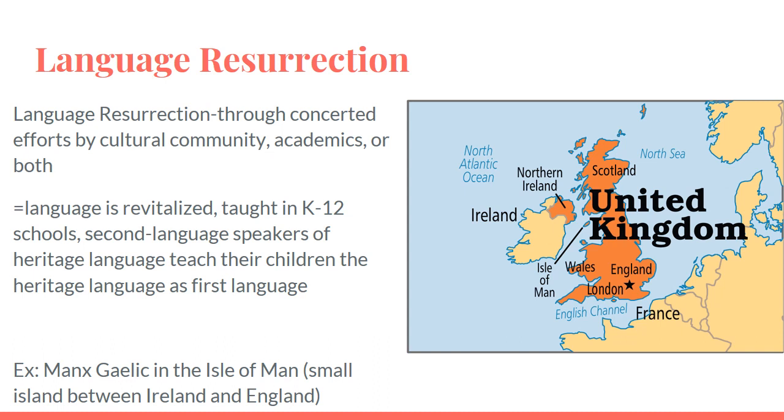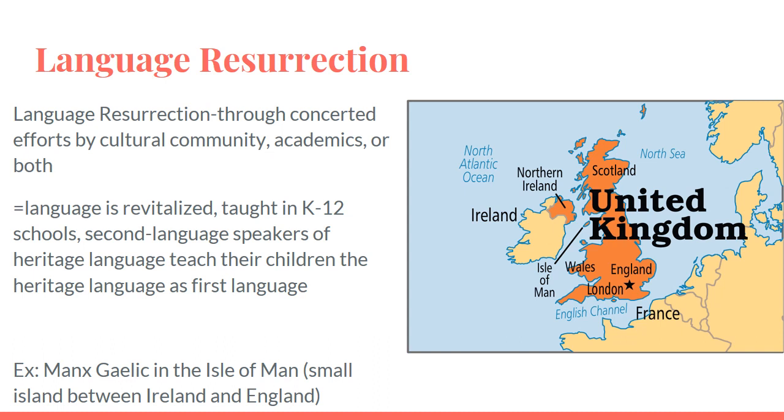Manx Gaelic drastically decreased in terms of the number of native speakers when it was banned in the 1950s in the Isle of Man. In fact, students who spoke Manx Gaelic in schools would be punished and beaten. And so it almost declined to nearly language extinction.